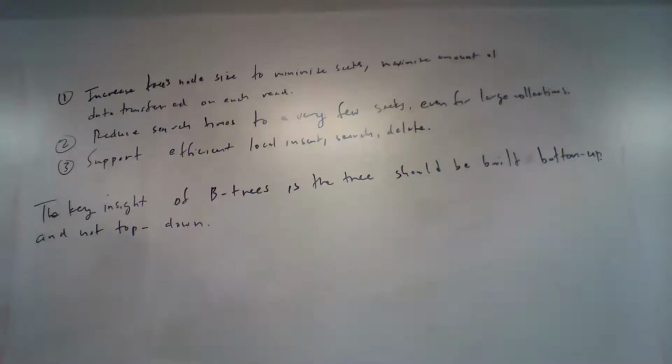Let's start with what we assume is a leaf, and we'll fill up the leaf. And then when the leaf is full, we'll have to promote a node up to be the root of that leaf and split that leaf into a couple of pieces. But because we know what's filling up the leaf, we can pick the exact middle value. So we can get a very perfect split between the left and right subtrees. And then we can continue doing that.